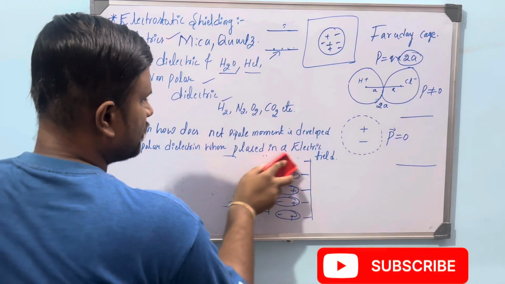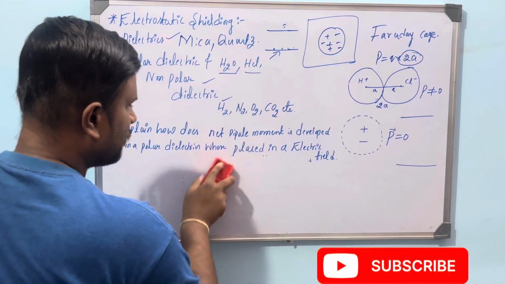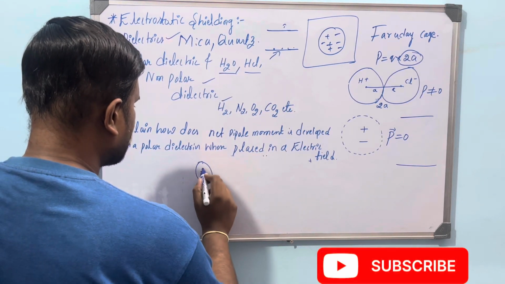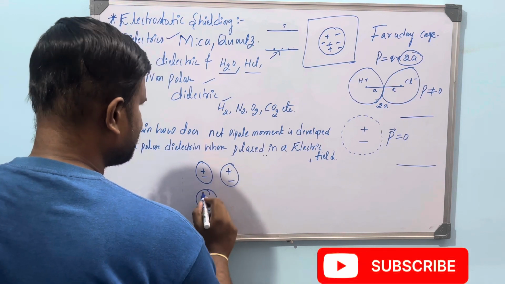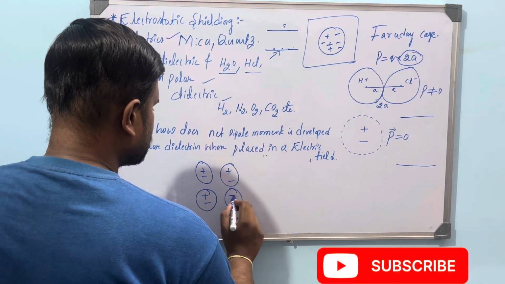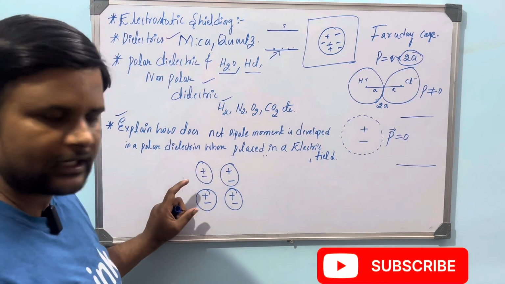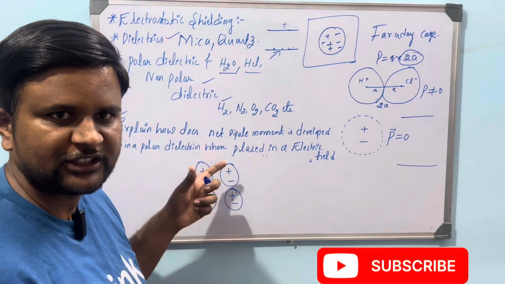Now if I consider a non-polar molecule. A non-polar molecule means the center of the positive charge and the center of the negative charge coincide. Here the net dipole moment value is 0.